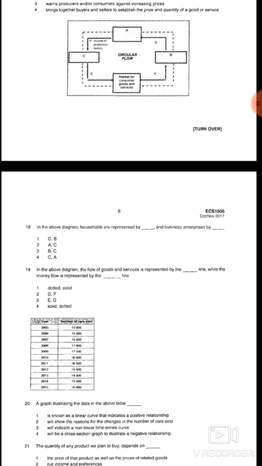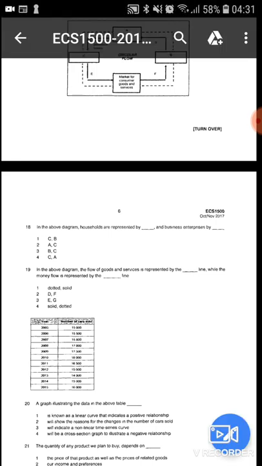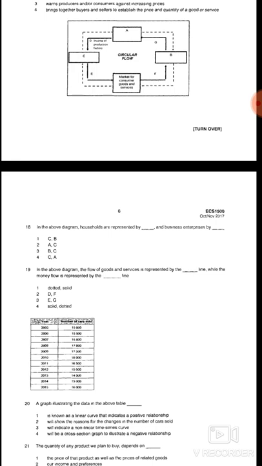Now question 18 and 19 are based on the diagram above. So on the diagram above, point C, we have households. Households are customers in the market, and on B we have firms or businesses. On A we have factors for the factor market.